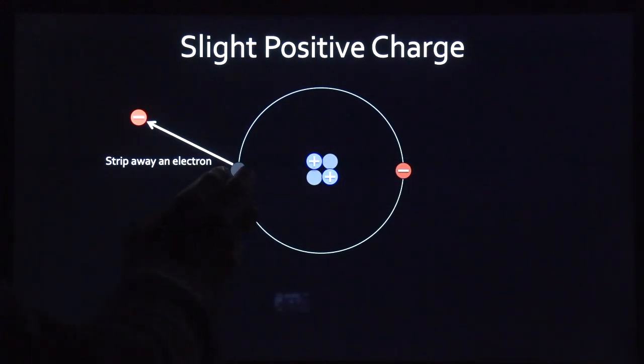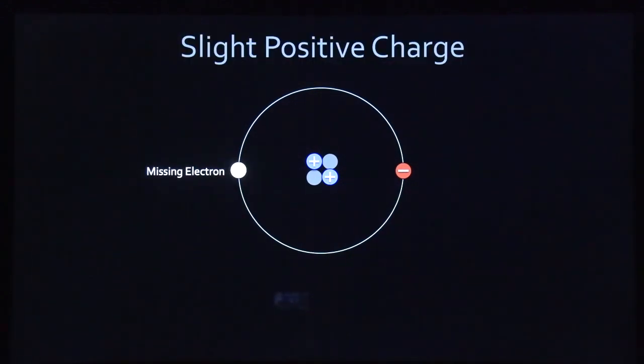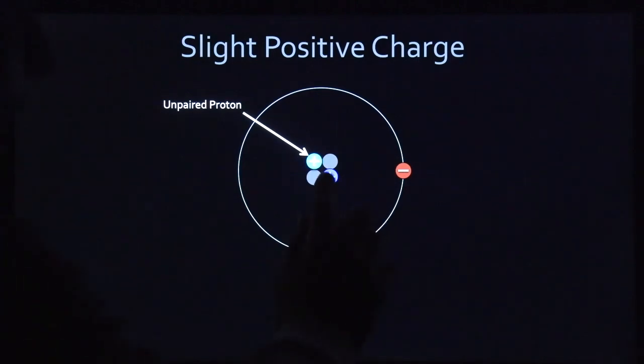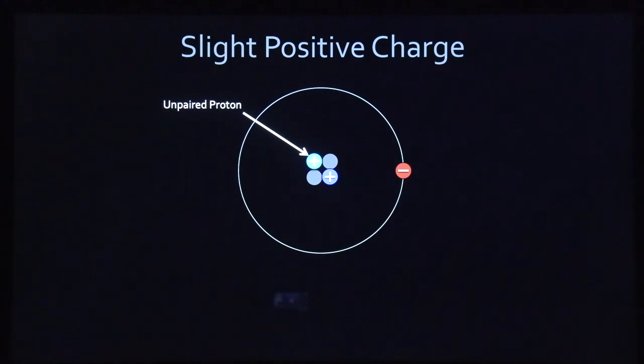But what you could do is remove an electron. So as you can see, I strip an electron away here. What happens then? Now this atom, or the object we could say, is missing an electron. And so if you look, with that gone, this proton and this electron negate each other. There's one proton that no longer has a partner.